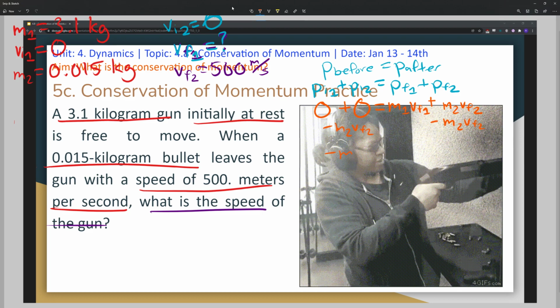And so now we have negative mass 2 times the final velocity of object 2 is equal to mass 1 times the final velocity of object 1. So now let's just substitute. Negative 0.015, times 500, is equal to 3.1 times the final velocity of object 1, which is what we're solving for. 500 times this is negative 7.5.